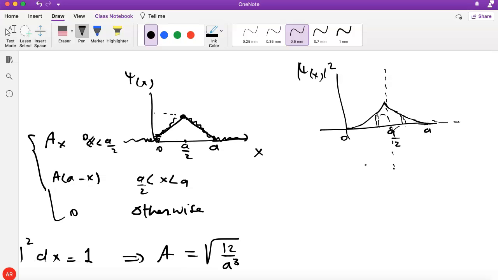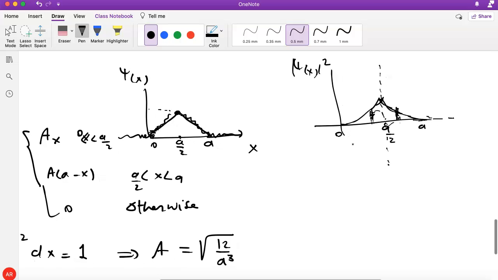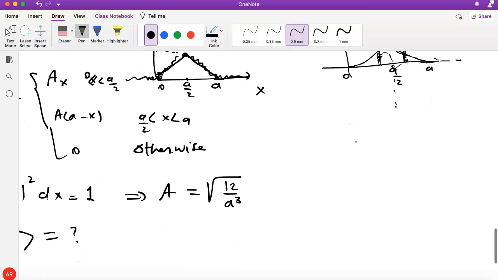So very intuitively, if you have a probability distribution that's symmetric around some line, you expect the average position to be on the line. They have the same height, and the average of these two values, a over 2 minus x and a over 2 plus x, is a over 2. So that's what we expect without doing any integral.